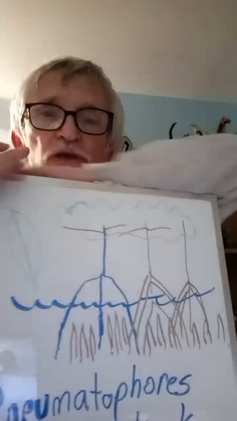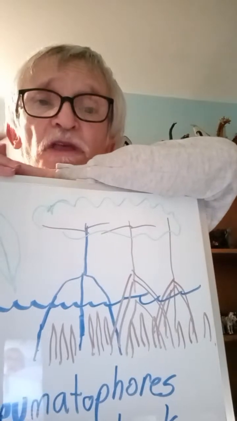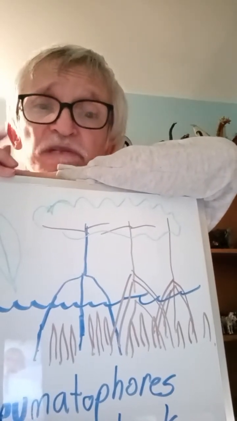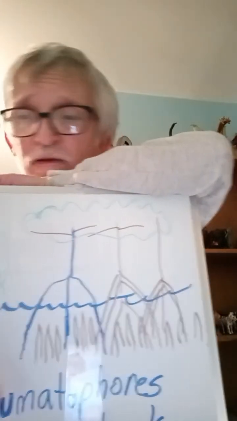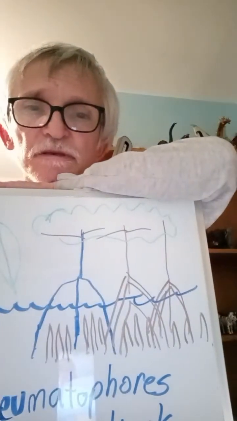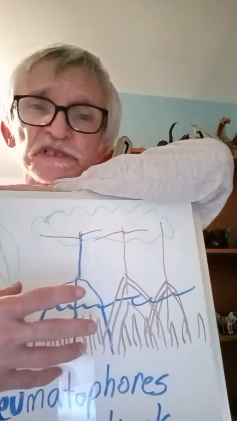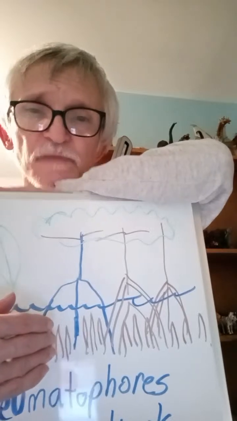Now, we talked about the main purpose for this, which is talking about how these guys are a habitat for wildlife. Again, you can see my artwork. So the habitat becomes this mass of roots and the pneumatophores.